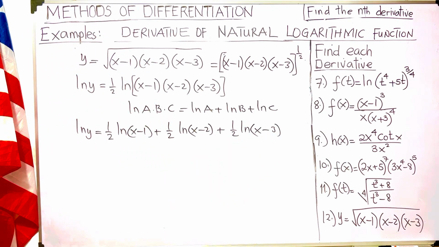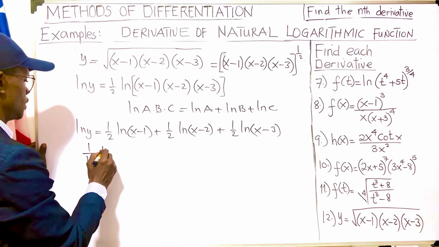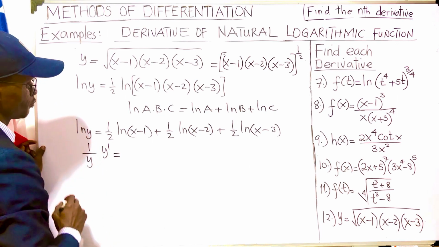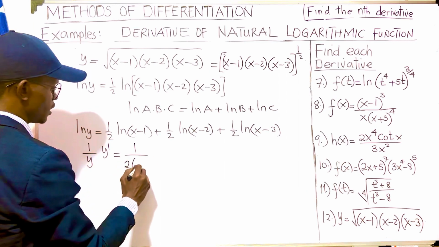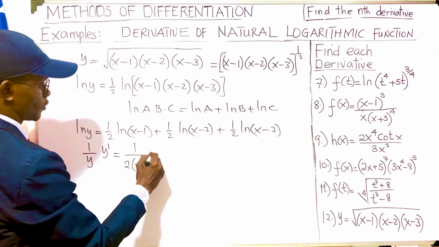So we can now find its derivative. This is 1 over y times the derivative of y, which is y prime, because y is the name of the function. And then this one is just 1 over 2 times x minus 1, times the derivative of this, which is just 1.